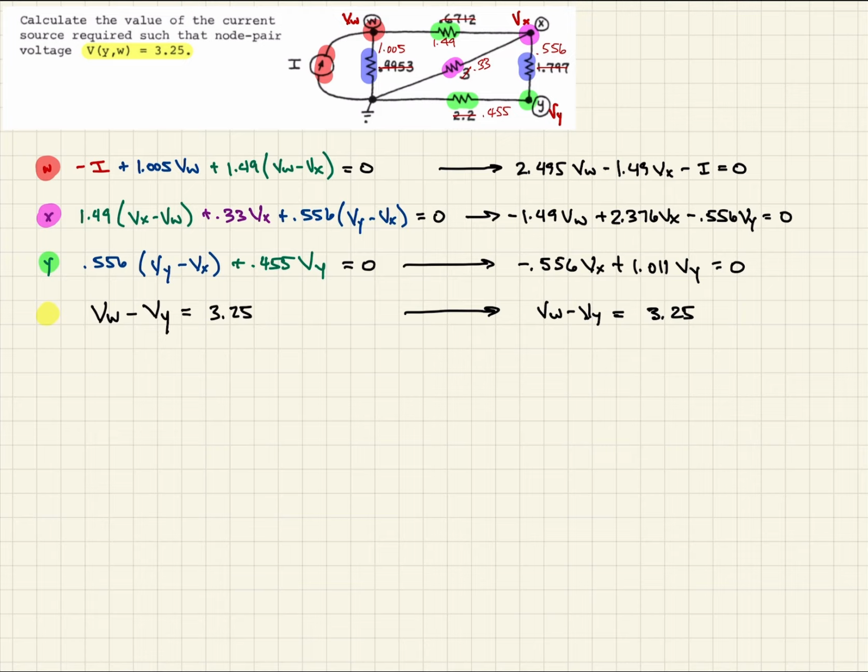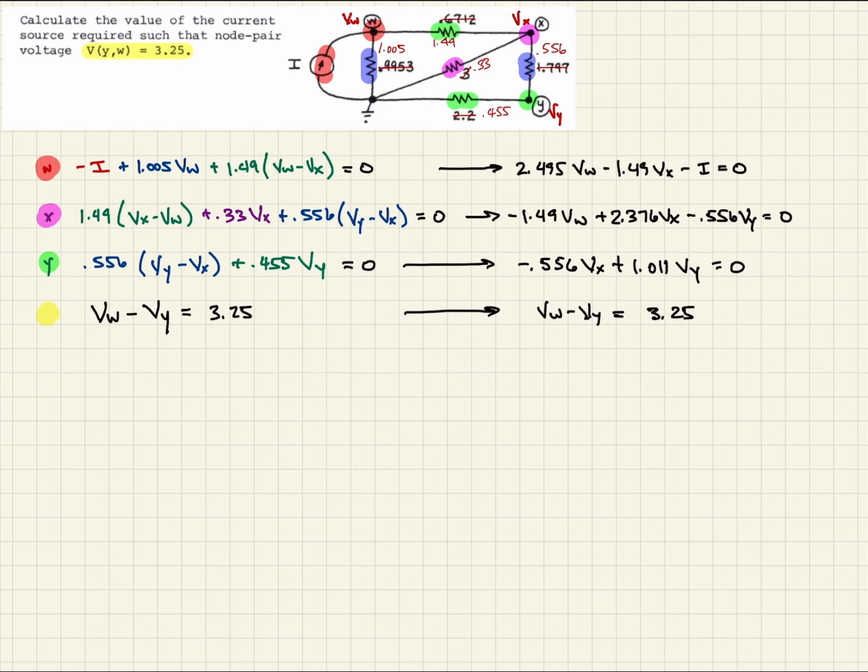Now what we want to do is put this in matrix form, because there are different ways you can solve this, but probably the common way is to use linear algebra, create matrices, and just do a matrix operation. We see VW, Vx, Vy, and I are our 4 variables that we're going to use. Let's go ahead and create this then.